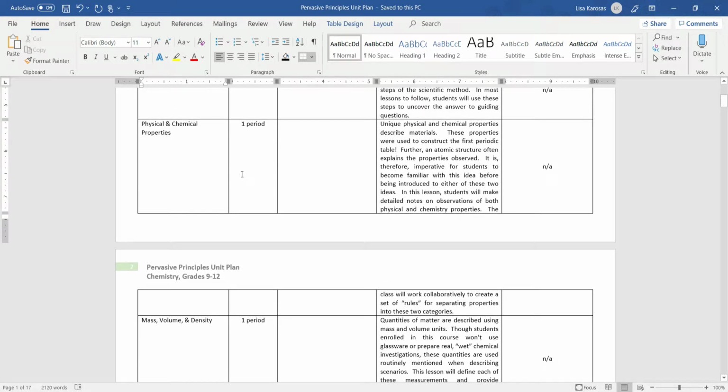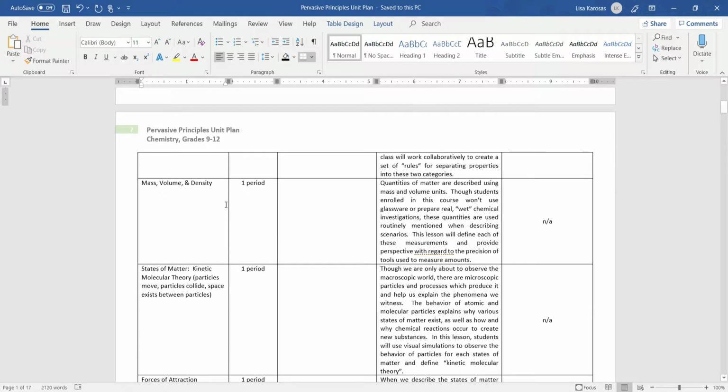Okay. Physical and chemical properties, followed up by mass, volume, and density. What? We don't do any mass measurements or volume measurements or density measurements in this class. However, I feel like when we get to talking about reactions, grams of this, milliliters of that, and certainly dimensional analysis where we put two units together and put a slash between them, they're clueless.